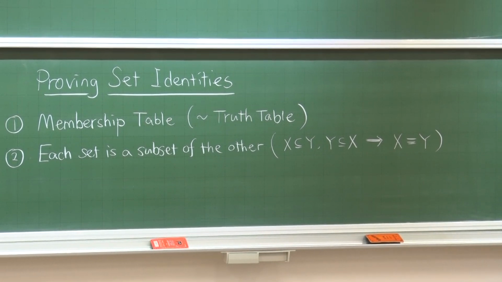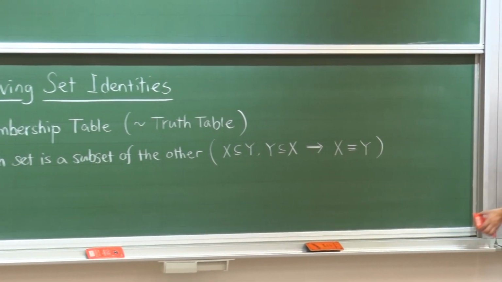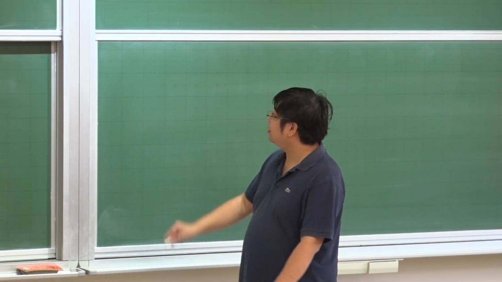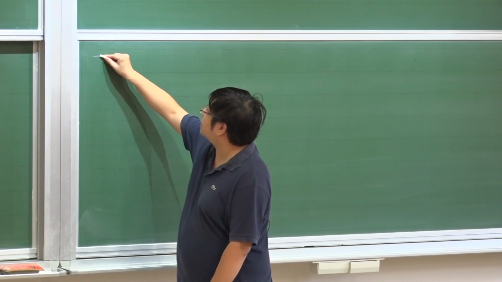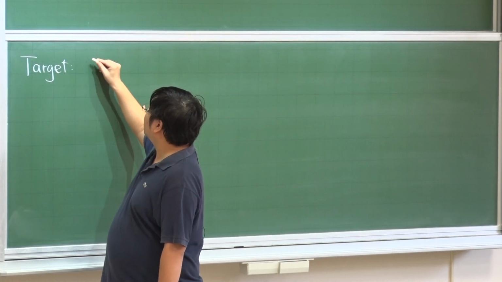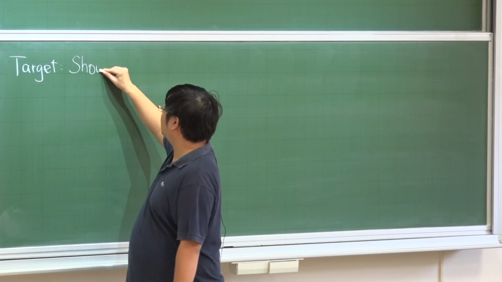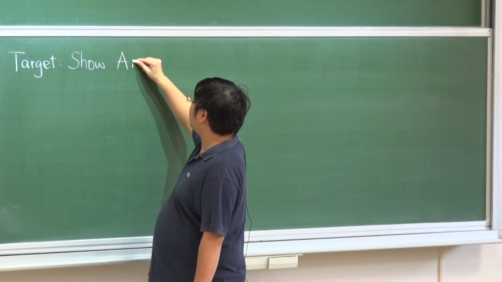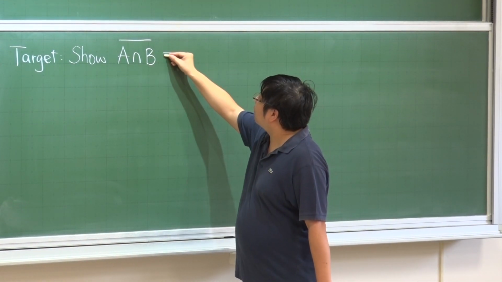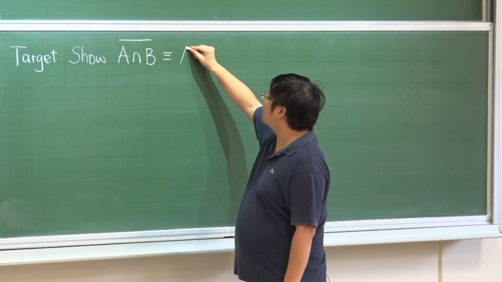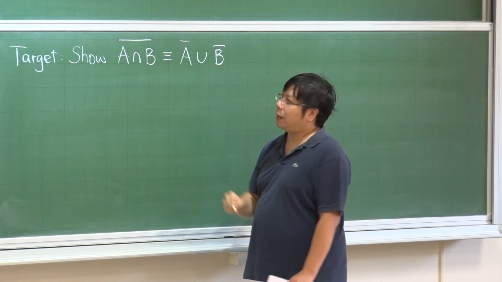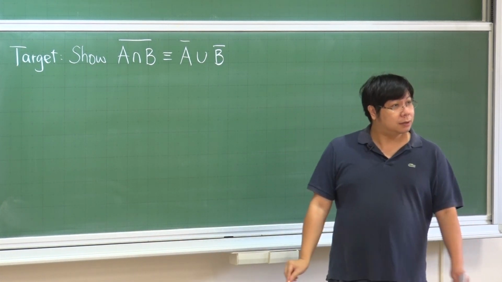So I have an example. Let's use the same example there. So we want to show that, this is the target, A intersect B, the complement, is equivalent to, so it is the same set as, A union B, no matter which A and which B you talk about.